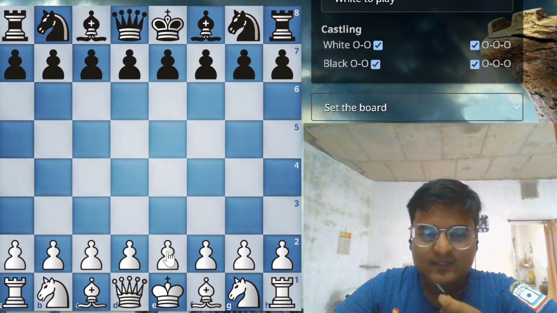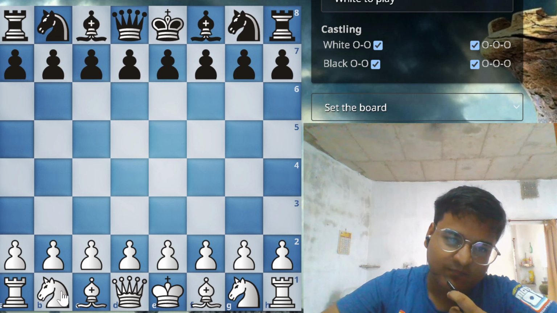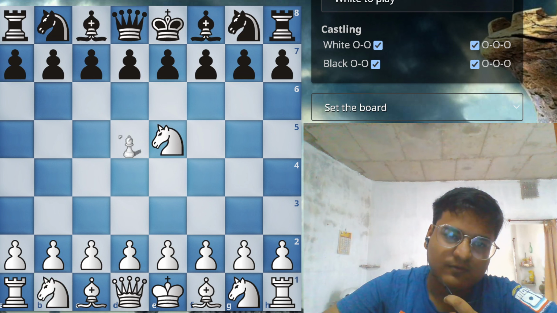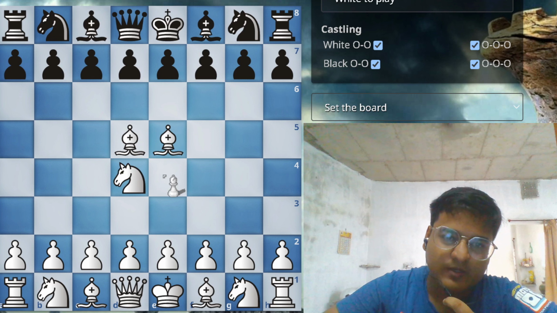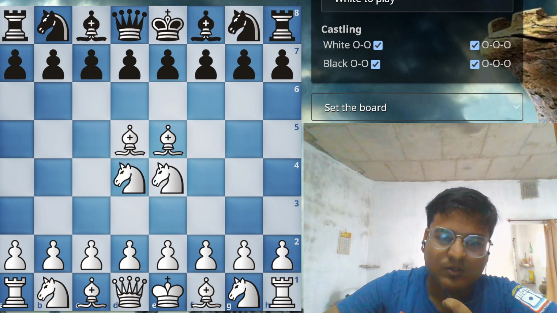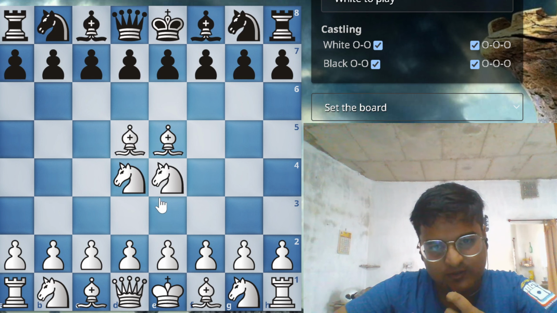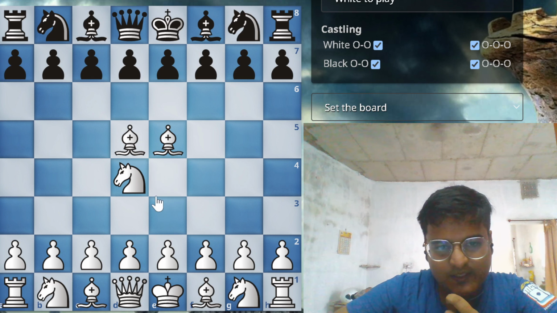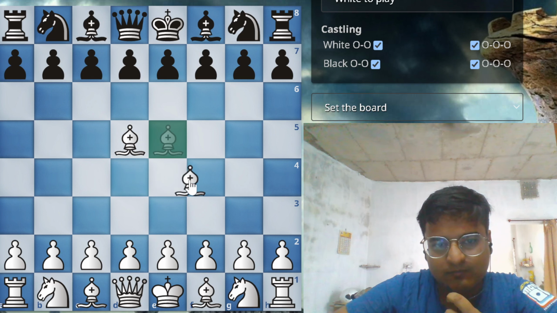So chess has 4 minor pieces. These are the four minor pieces, and we have the task to bring these four minor pieces onto the board.